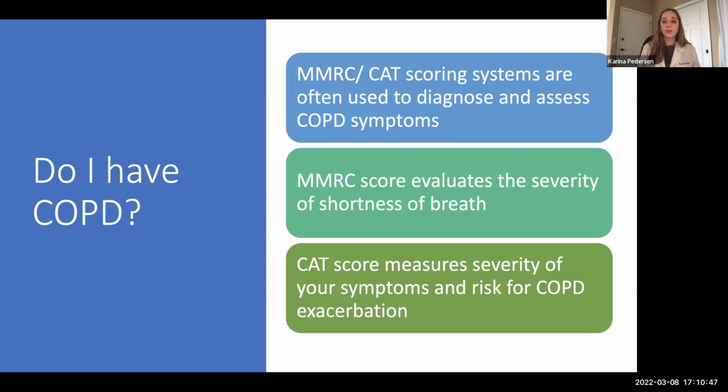These are frequently used to assess your symptoms and their severity in order to guide treatment. The mMRC score evaluates the severity of your shortness of breath, and the CAT score measures the severity of your symptoms and your risk for COPD exacerbation in the future. So I'll go into those right now.